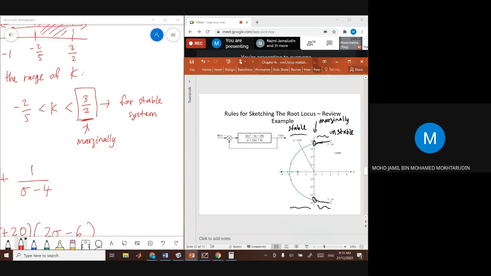And then starting at this point, the root locus is stable. Okay, the root locus shows for stable system.